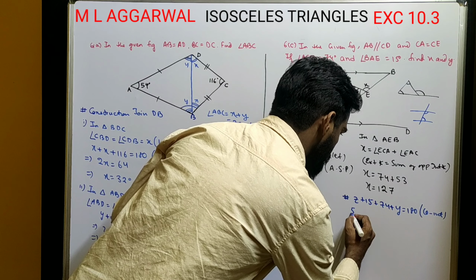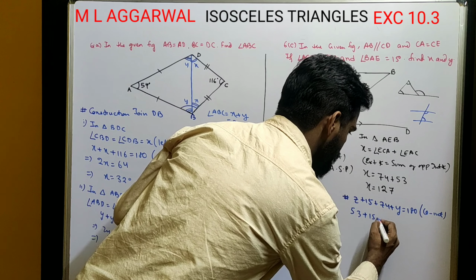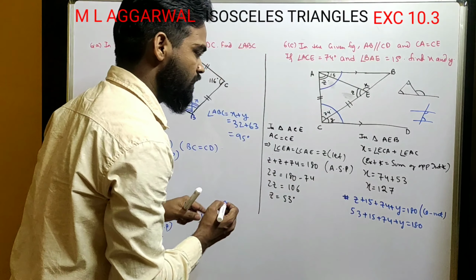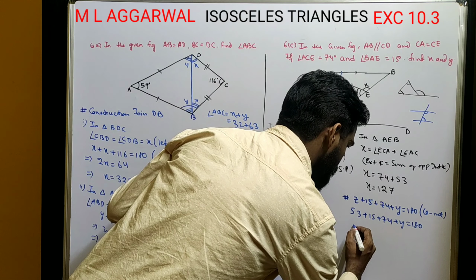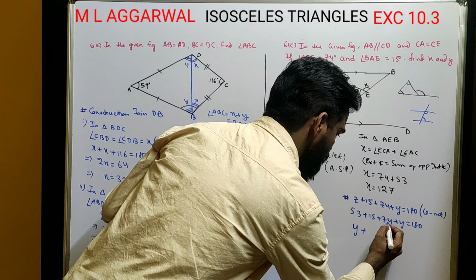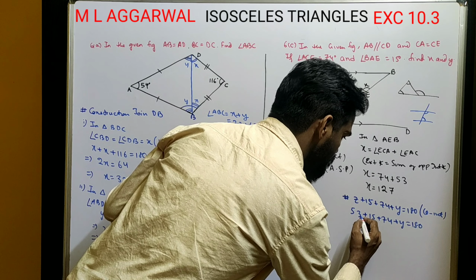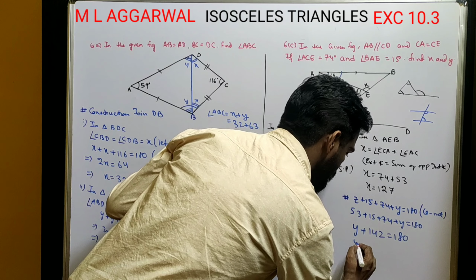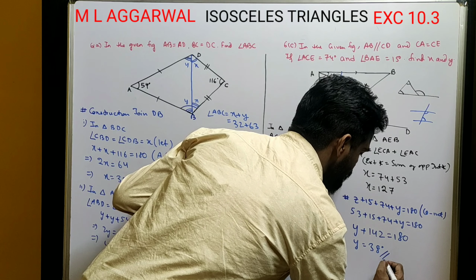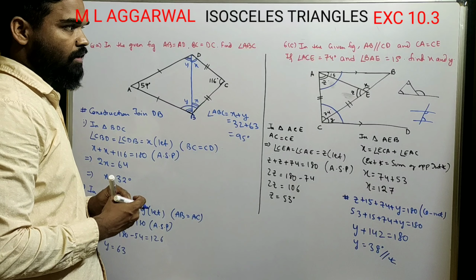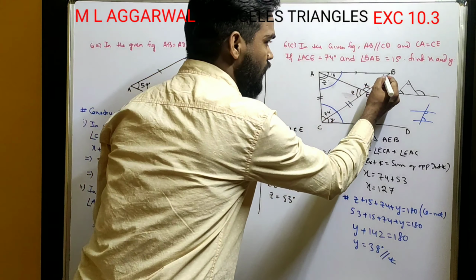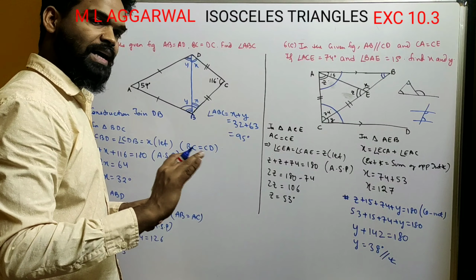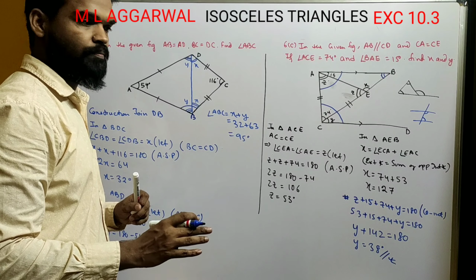Z is 53, we know, plus 15 plus 74 plus Y equals 180, isn't it? So this will be how much? Look carefully. Y plus, this is 70, 133, 138, 142 equals 180. Therefore Y equals 38 degrees. Done. Is it clear? Somebody can find this angle and equate it with Y, alternate angle. That's also the same thing, okay?